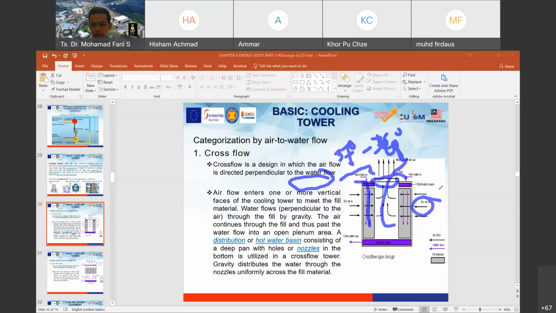Dry air is needed to supply the air, to change from hot water to condenser water, the cool water out. This one is 31 or 32 degrees to 33 degrees. The outlet from this one will go to the chiller.